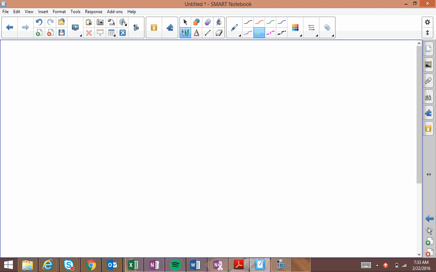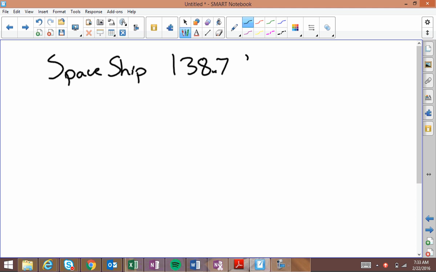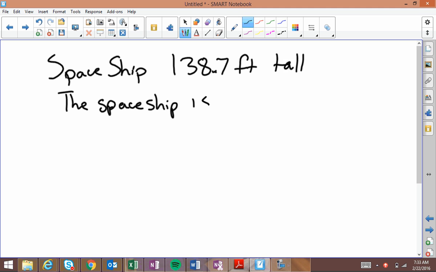For this example, we have a spaceship. And this spaceship is 138.7 feet tall. And the spaceship is 146 feet from here.